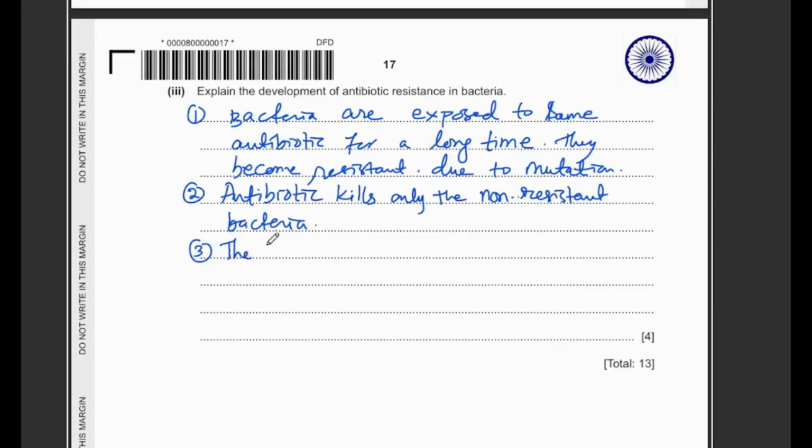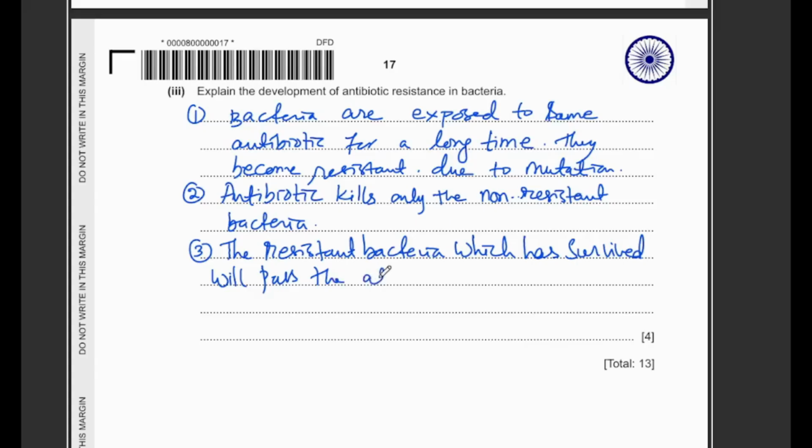The resistant bacteria which have survived will pass the allele to the next generation.